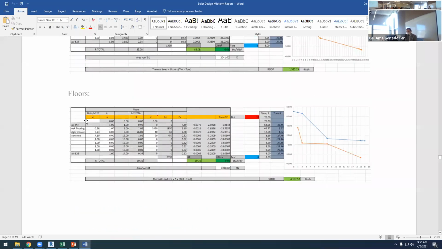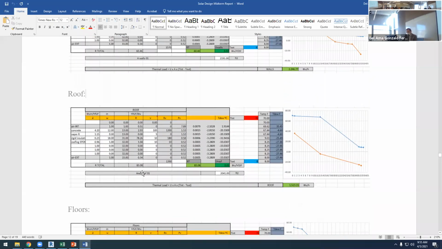Usually we don't have problems with floors. In roofs, this is above 80. Here you have a vapor barrier that is 0, so you haven't used this. Okay, I think in this roof we have an issue.